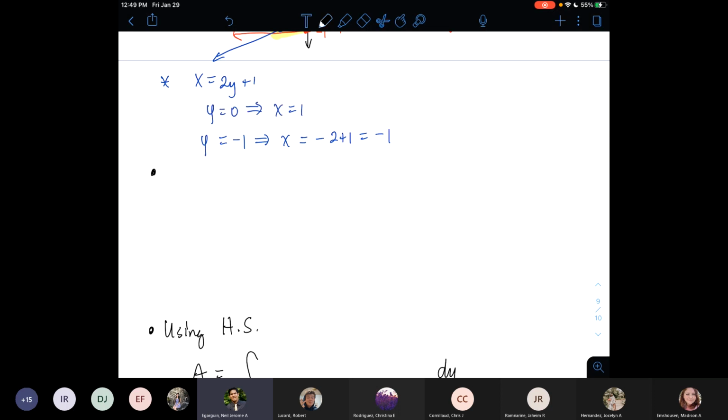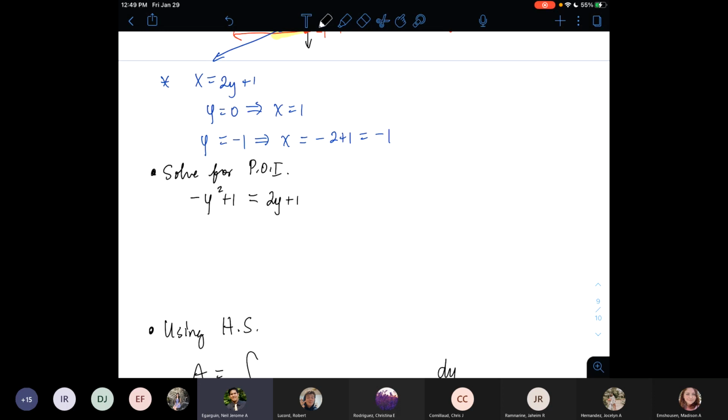So here we solve for the POI. Remember, the two equations are x equals -y² plus 1 and x equals 2y plus 1. We set them equal to each other and then solve for y.